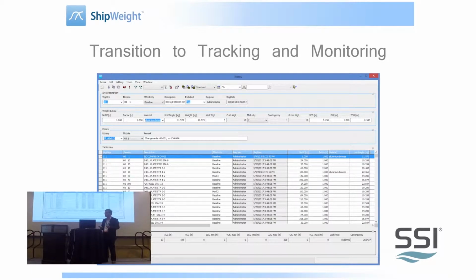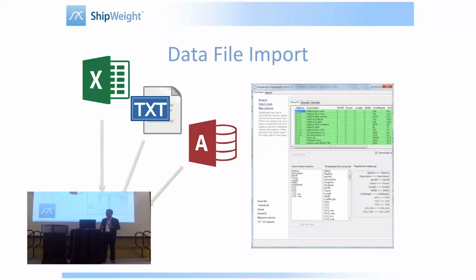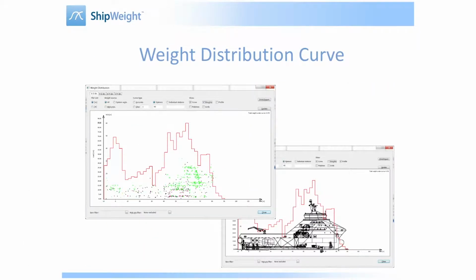That can be more manual input, like you would input to an Excel sheet, except you input to a relational database with all the advantages you have there. In addition to manual input, you can do data file import. You can import text files, Excel files, and Access files in a very flexible way.